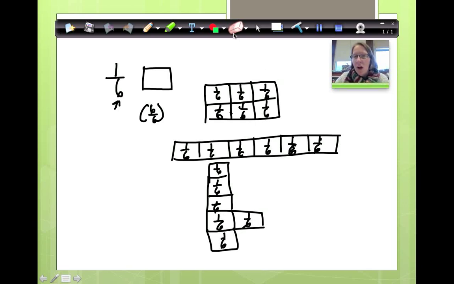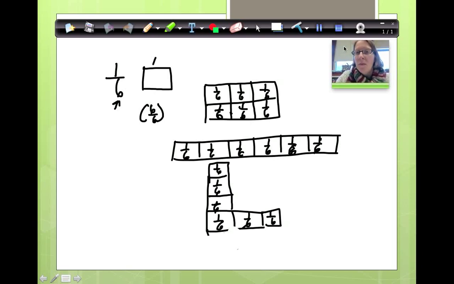Sure, I could have even, instead of putting it here, I could have even put it over here. Would my shape have been correct? Yes. So just because I draw it one way doesn't mean that there's exactly only one way. As long as you have the correct number of these shapes, and they're all put together, and they're not overlapping, and they're all about the same size. Did you make it? Sure.